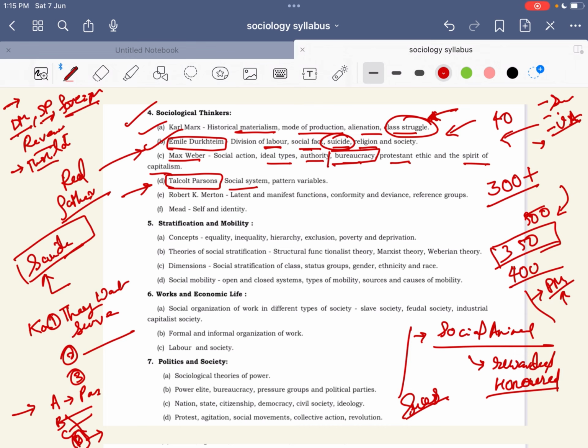If you put sugar cane in a machine for producing juice and press the button, juice will come. So he is seeing society also as a system. According to him, society functions as a system, and there are some parts of the system which are necessary for this society to function. And then there is the pattern variables, we will see.